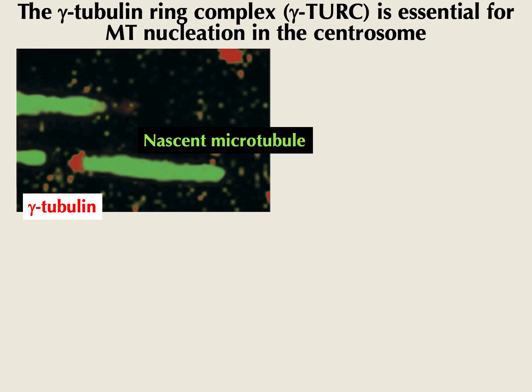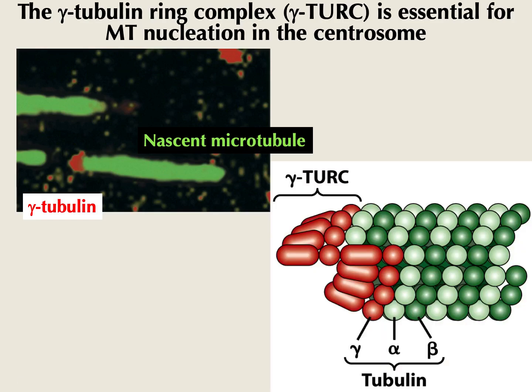So the whole idea, simply put, is that gamma TuRC gets organized, since it's tubulin as well, in one full turn of a helix, and that's the template to start building a new microtubule.